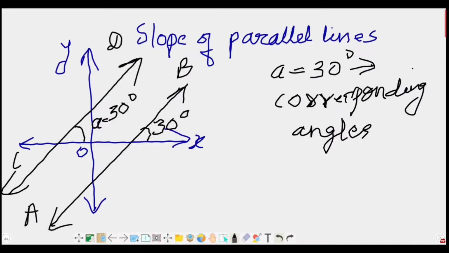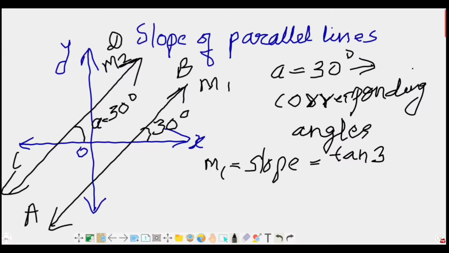If I consider the slope of this line is m1 and the slope of this line is m2, then my m1, the slope of the first line, will be equal to tan 30 degrees. And you know that tan 30 degrees is 1 by root 3. Same way, m2 is my slope of CD.